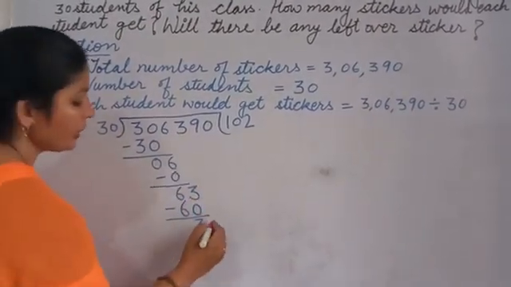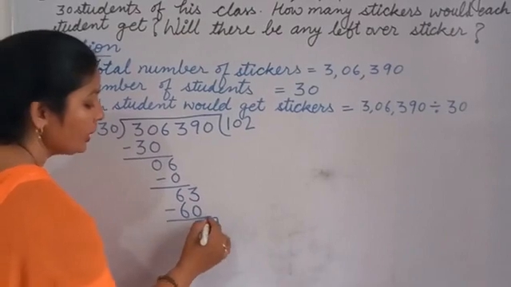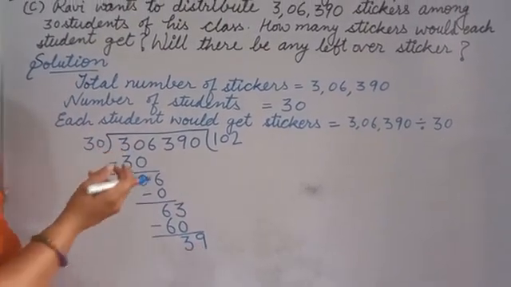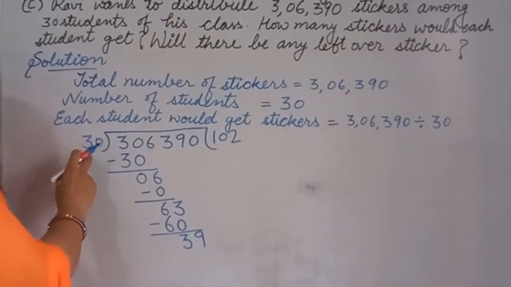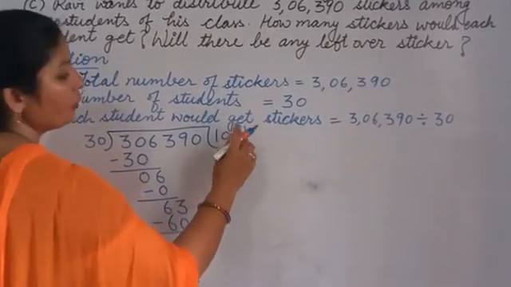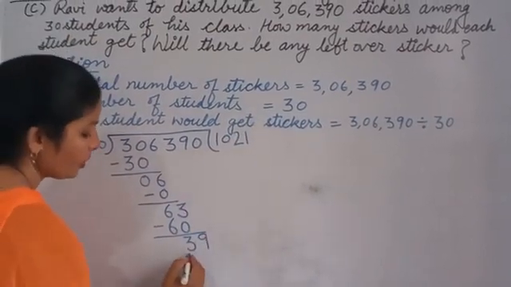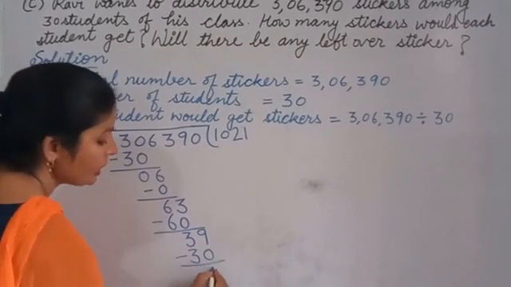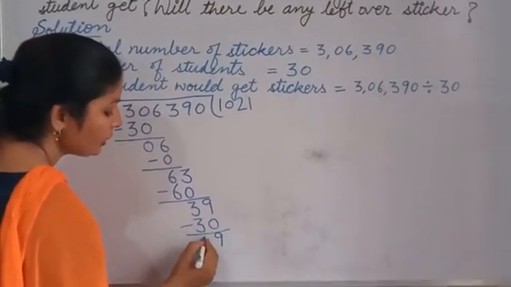Next is 9. Again we recite the 3 table. So in the 3 table where is 39? Again we recite the 30 table. 30 ones are 30. So we take on the 1. Now 9 minus 0 is 9 and 3 minus 3 is 0.